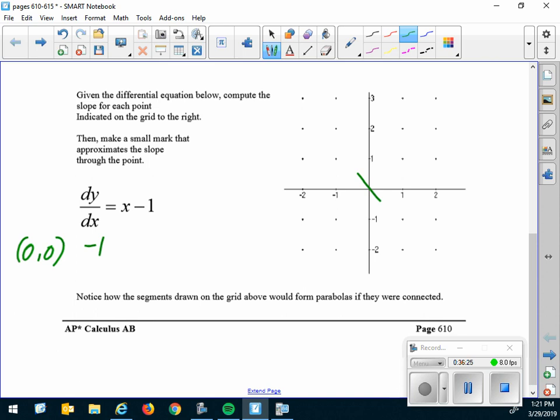Let's go to the point 1, 0. If x is 1 and y is 0, what is the slope? The slope is 0. So at the point 1, 0, I'm going to draw this.